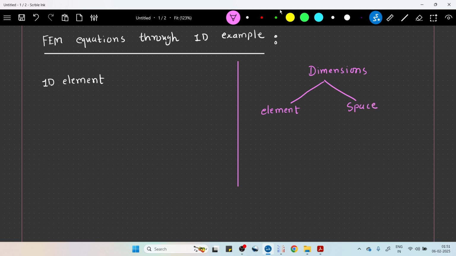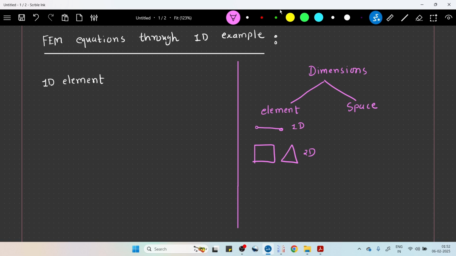For example, element dimension: if I take a line element like this, it is 1D because it's a line element. Elements can have two dimensions as well, for example quad and tria elements, which are 2D elements. Similarly 3D elements, hex and tetra.